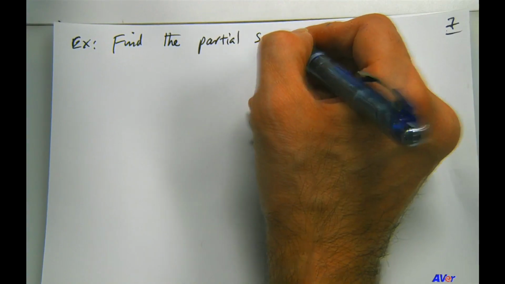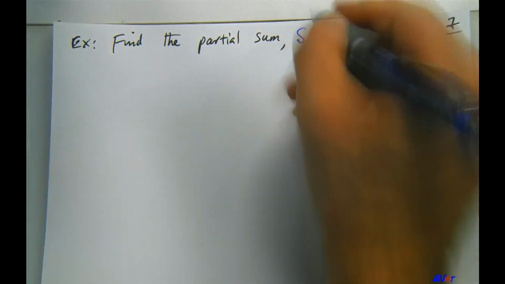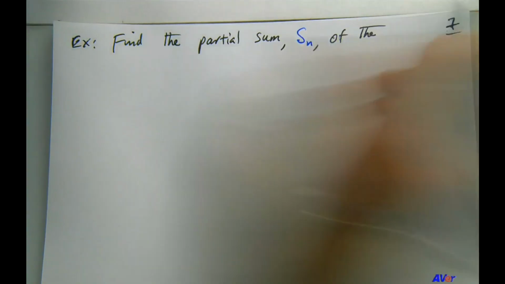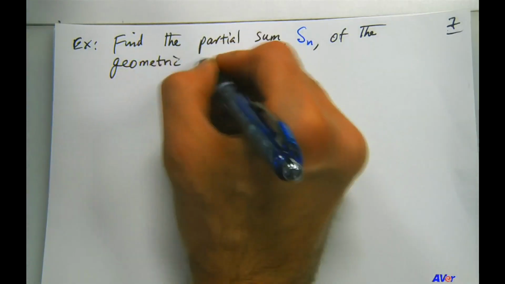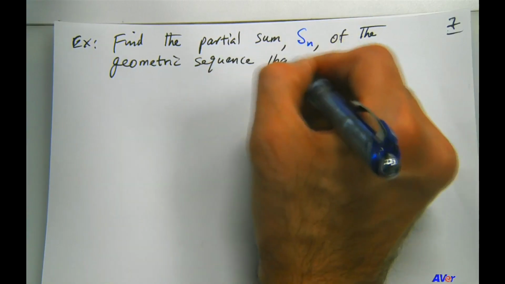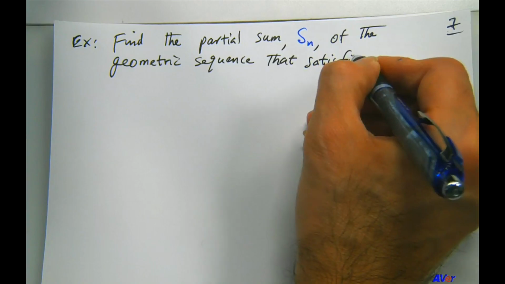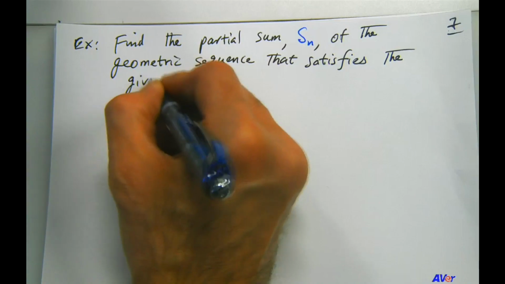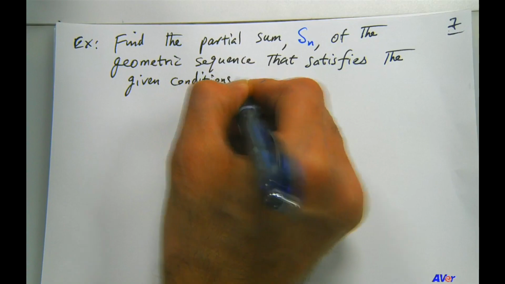The partial sum Sn, or S sub n, of the geometric sequence that satisfies the given conditions.